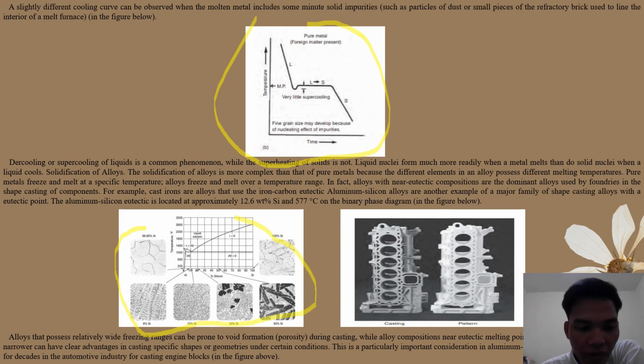Alloys that possess a relatively wide freezing range can be prone to void formation and porosity during casting, while alloy compositions near the eutectic melting point, where the freezing range is much lower, can have clear benefits in casting specific shapes or geometries under certain conditions. This is a particularly important consideration in aluminum-silicon alloys, which have been used for decades in the automotive industry for casting engine blocks, as in the picture above.